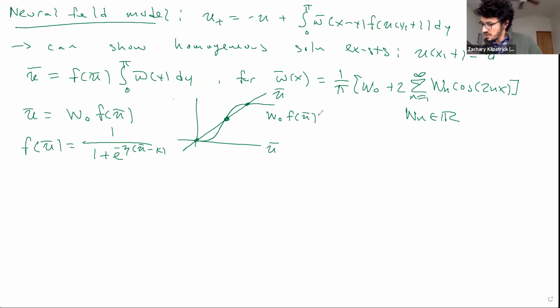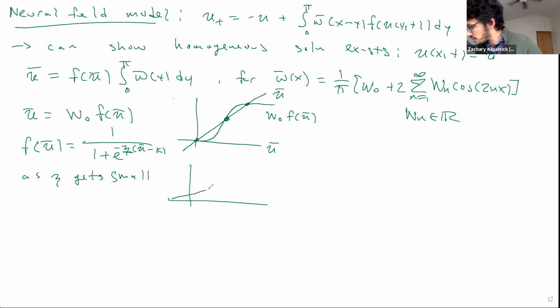And in particular, if we take this to be shallower and shallower, so as eta gets small, this will sort of flatten out, and we'll have something more like this. So this will be our w0 f of u bar, and this here is our u bar.